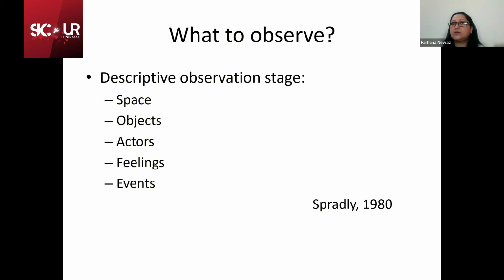Then objects, right? The surroundings, the buildings, what other buildings are there in that particular situation. If it's an office or factory setting, then what machineries, what furniture, then computers, labs, what you have seen there.